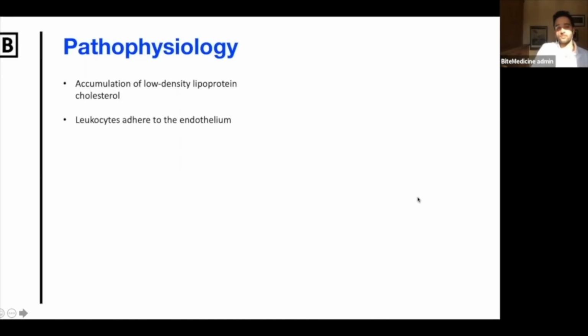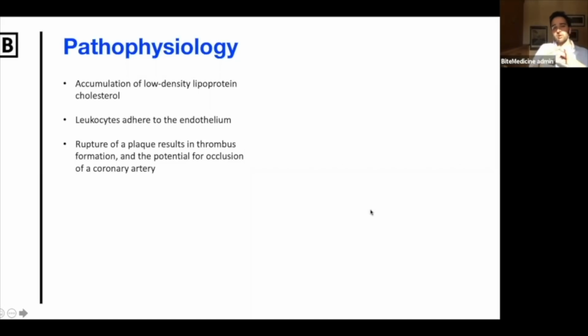Fantastic. Let's have a think about the pathophysiology very briefly. As we all know, ACS, which encompasses unstable angina, NSTEMIs and STEMIs, occurs due to accumulation of low-density lipoproteins. So your nasty lipoproteins, you get coronary artery disease, you get atherosclerosis, which is not good. You then form plaques, you have leukocytes adhering to the sites of those plaques, and you get a thrombus being formed.